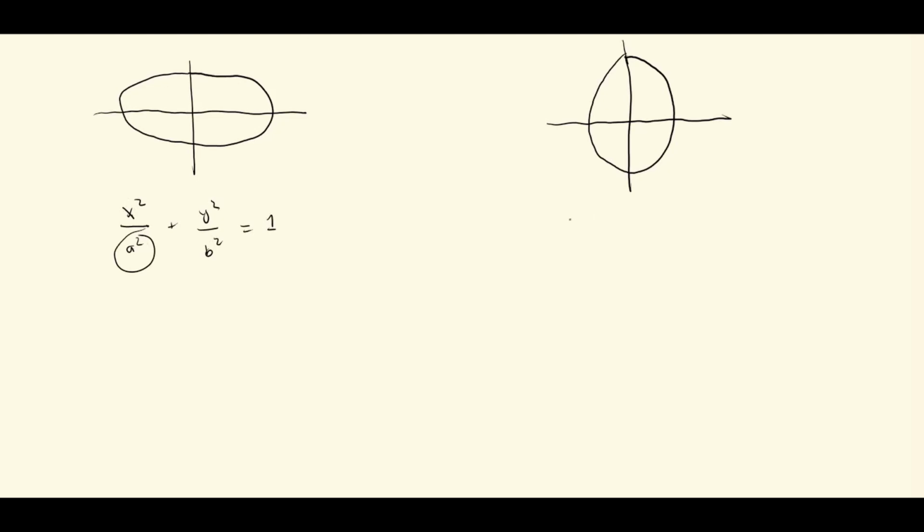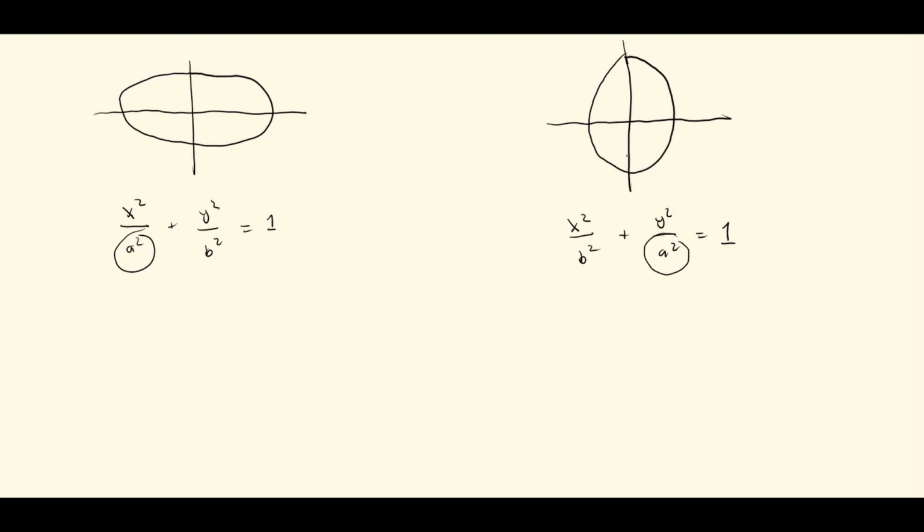And here we have x squared over b squared, where b is the shorter axis, plus y squared over a squared is equal to 1. And a squared is below the y term, so the y-axis is the longer axis.